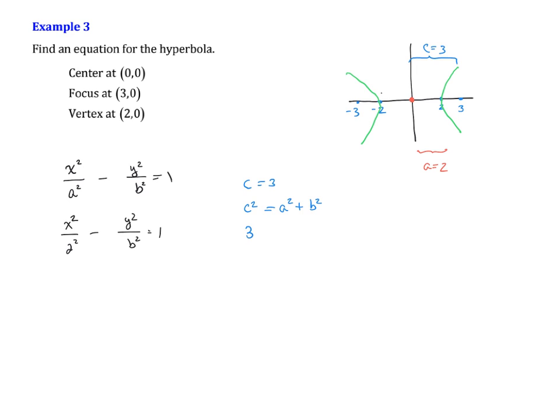But this means that we have 3 squared equals 2 squared plus b squared. So this is 9 equals 4 plus b squared. Or 5 equals b squared. So we have x squared over 4 minus y squared over, now what's b? Well, I don't care necessarily what b is. b squared is 5. So b squared is my denominator. So y squared over 5, that's equal to 1.